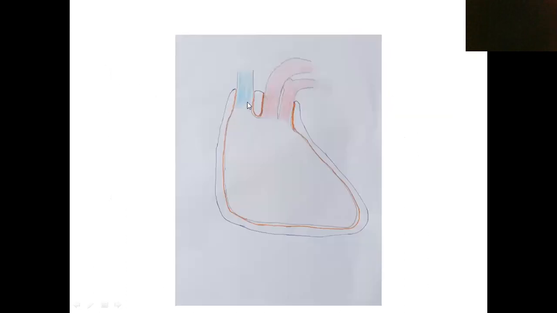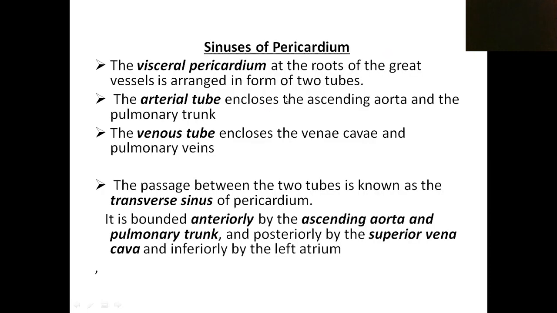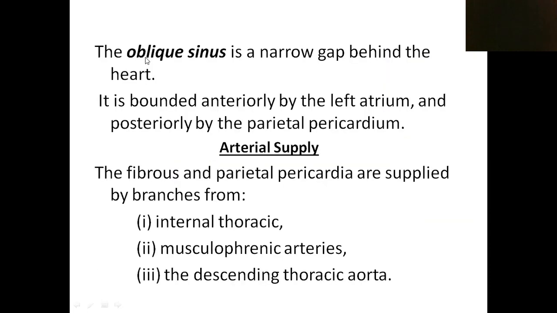I told you two tubes are there, one arterial tube and the other venous tube. Inside the venous tube, one more passage is there. That one is the oblique sinus. The oblique sinus is a narrow gap seen inside the venous tube, behind the heart. Some boundaries: anteriorly, the left atrium, and posteriorly, the parietal pericardium.